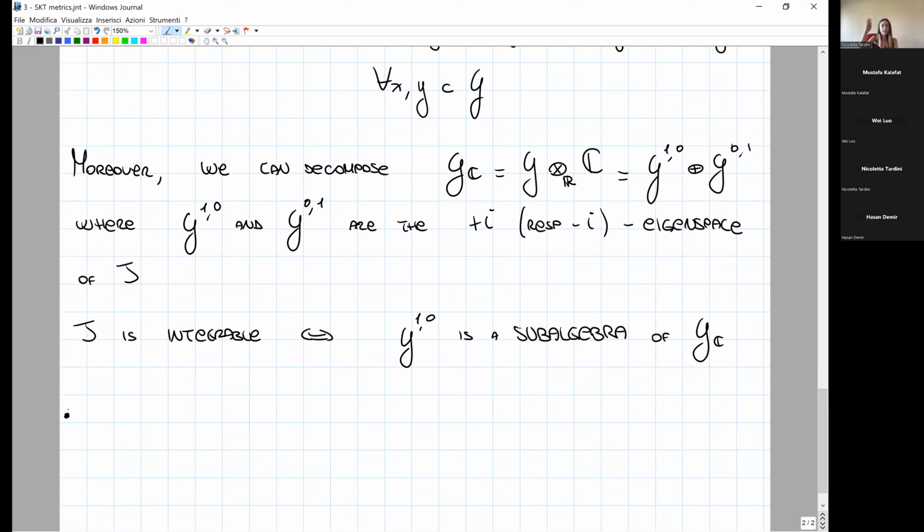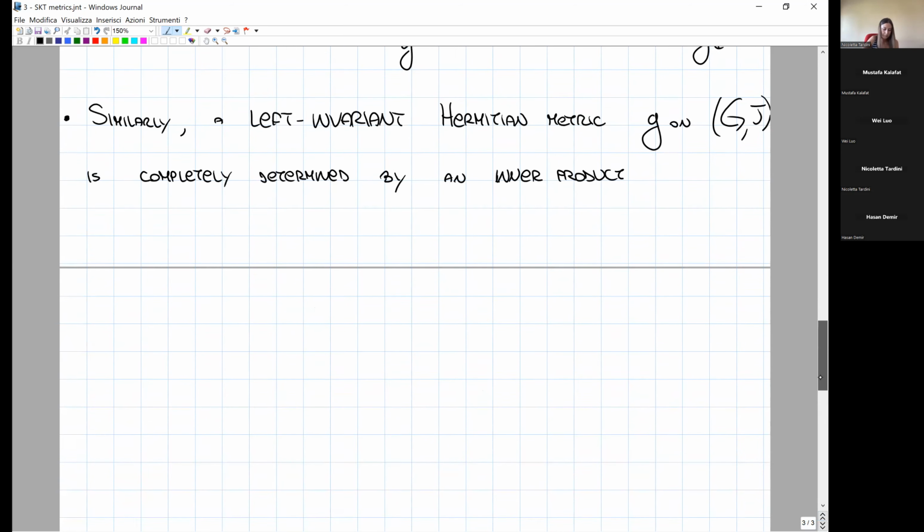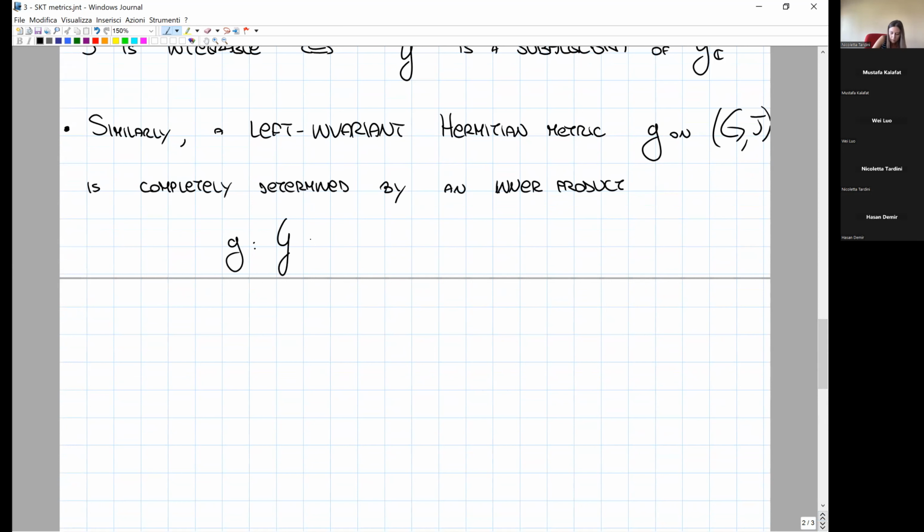And similarly, this is for the complex structure, but similarly for a Hermitian metric: a left invariant Hermitian metric g on the Lie group, let's say G with the complex structure J, is completely determined by an inner product, let me call this g, on the Lie algebra, such that we have the compatibility condition g(J·, J·) is exactly just g, so J is an isometry.